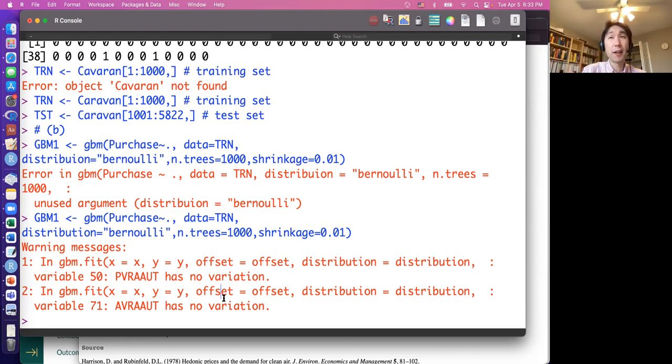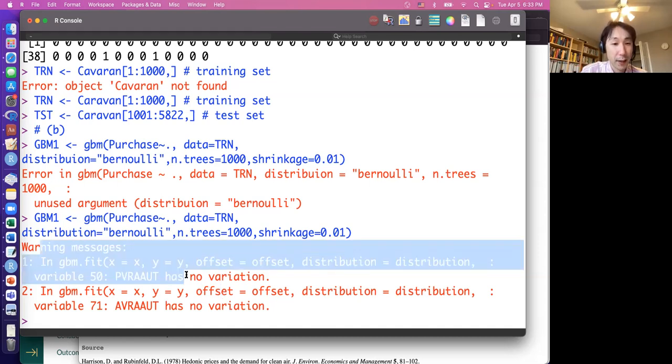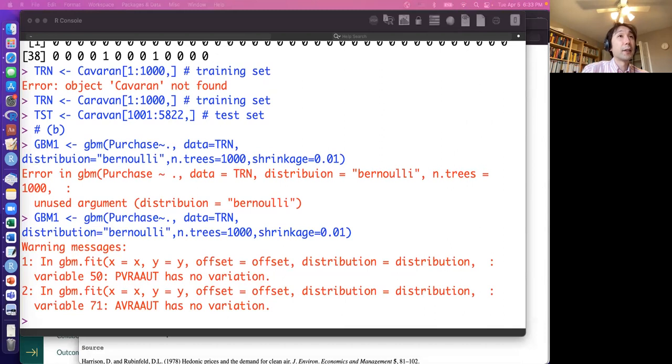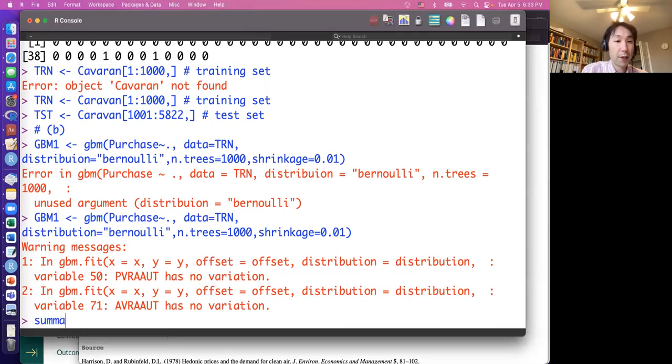If we make the training and test sets, and in the training set no house has the indoor pool, then we cannot really examine how useful that variable is. Probably the same thing happens here. But this is just a warning message. Unfortunately, we cannot evaluate those 2 variables, but we still don't have any error.